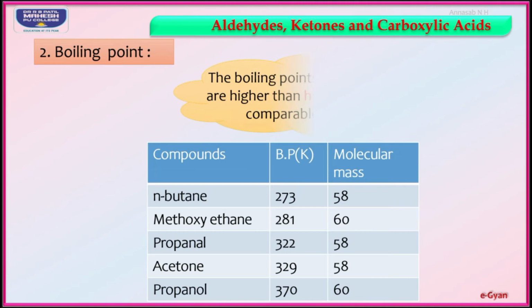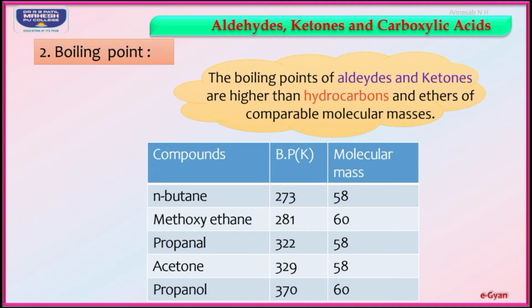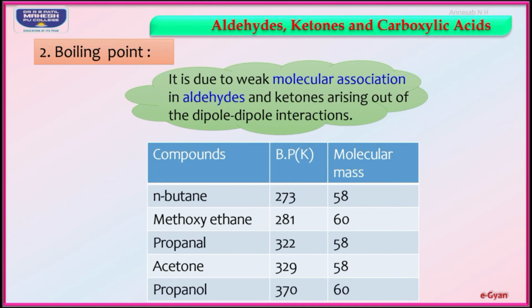The boiling points of aldehydes and ketones are higher than hydrocarbons and ethers of comparable molecular masses. This is due to weak molecular association or intermolecular association in aldehydes and ketones arising out of dipole-dipole interaction.